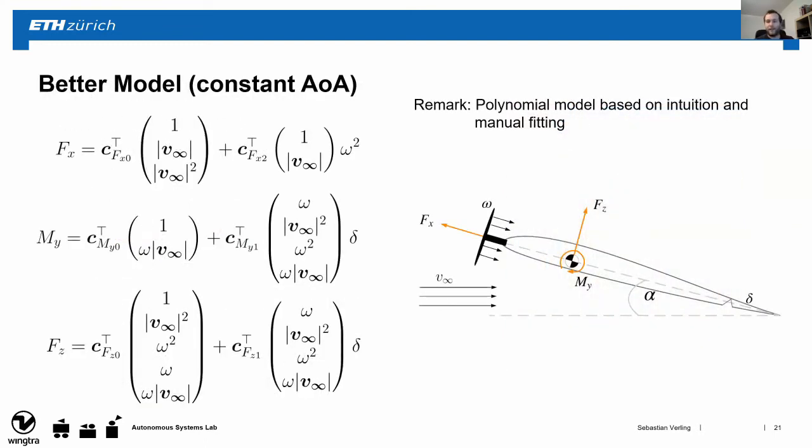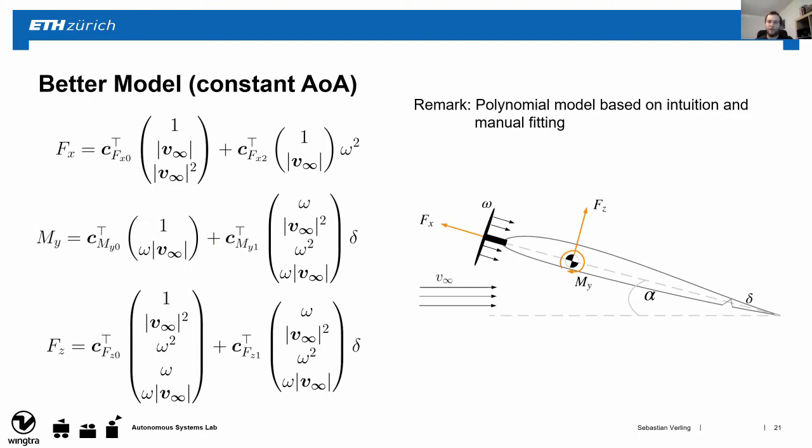So having the data and this assumption of a constant angle of attack, we could then use this model here. It's worth noting that this is a model that is only an approximation, which is very close to the Taylor series expansion of an actual, more complicated model. The reason why I'm saying this is that it's a formula that you will not find on any of the other fixed wing lecture slides, because this is just a simplification.